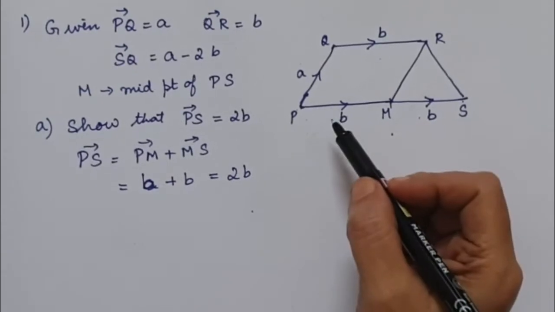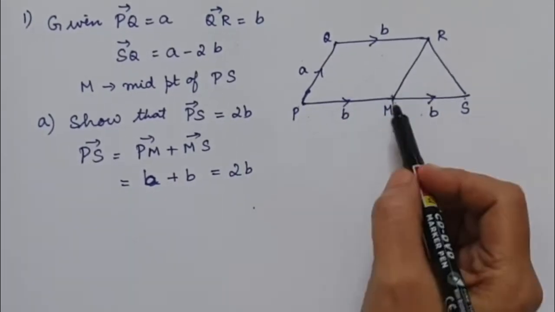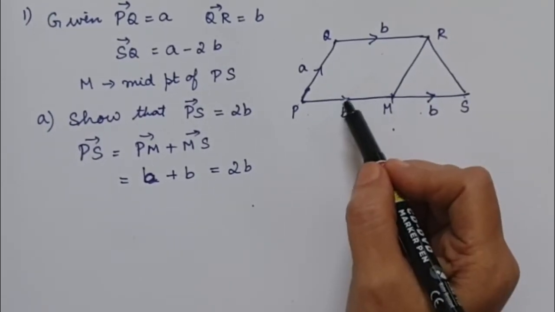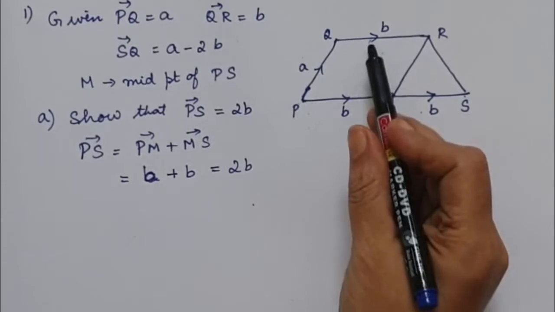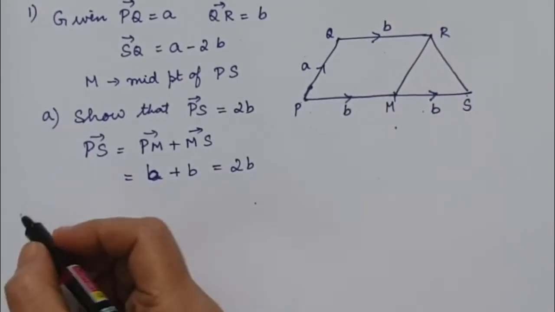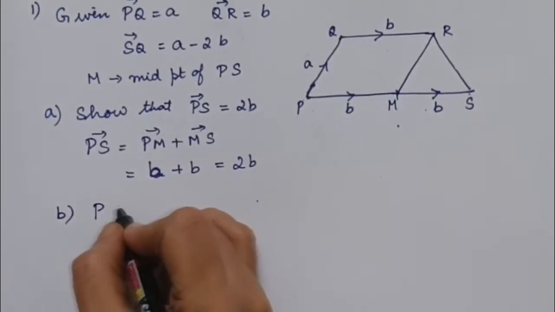Now we need to show that PQRM is a parallelogram. In order to show that it is a parallelogram, we need to show that the opposite sides are parallel and equal. So for B part, we'll find out what is PR.